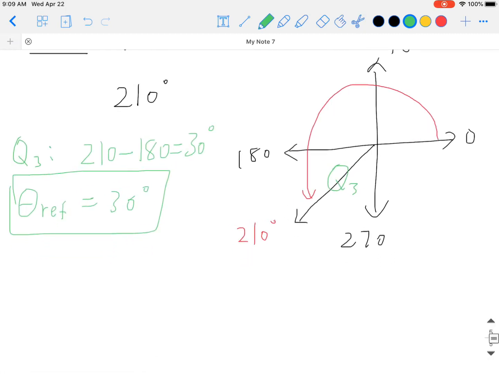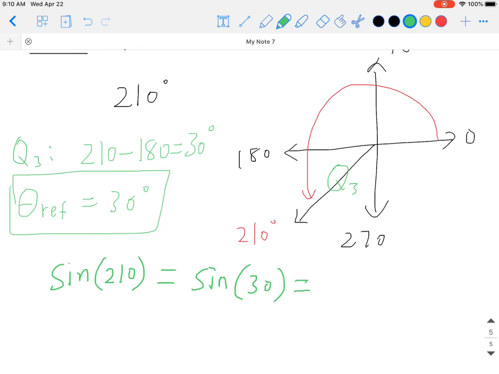What's good about this is if I ask the question sine 210, and you plug it in the calculator, it will give you the answer. But if you convert to the reference angle before you plug it in the calculator, it's the same as sine 30.